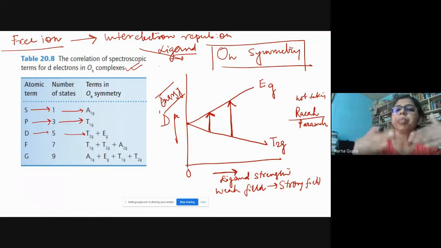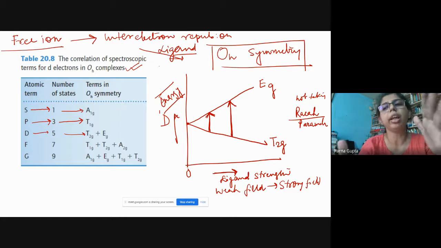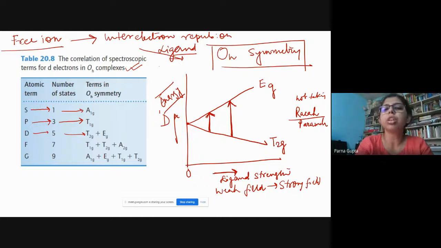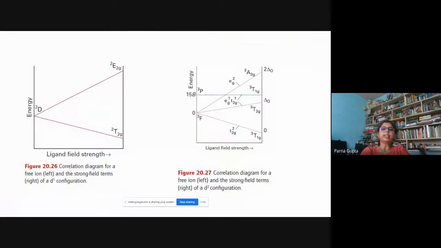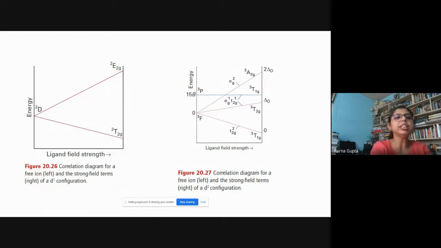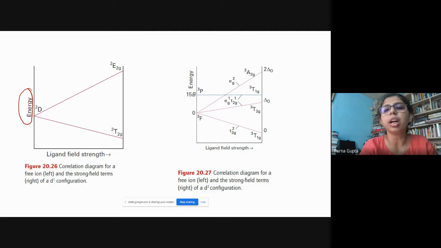We have to give the x and y axis, and change accordingly to take care of the Racah parameters. Here, I just wanted to make it clear. So if we just increase, this is the delta-zero value, and depending on the ligand, this delta-zero value changes, right? Next, if instead of energy, we just put the, here there is exactly one term, I shall come to that.